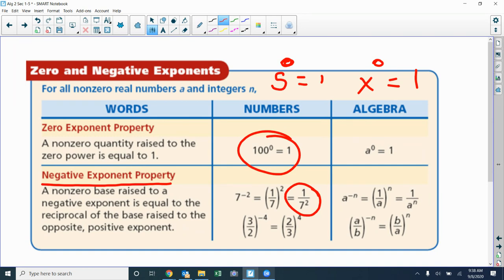Also, if we have a fraction raised to a negative exponent, we can flip that fraction, and now our exponent becomes a positive value. That's kind of nice and very helpful.